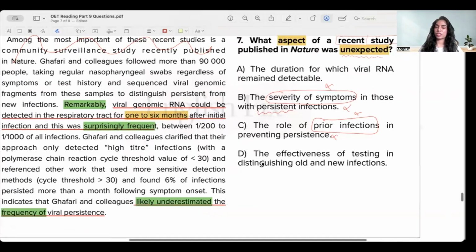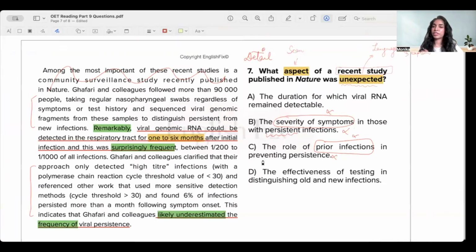What I wanted to understand here, specifically for answer options B and C, is that many students are going to choose B and C as the right answer. Why? Because they're going to read from here, or they're going to read from here. And somewhere in these areas, I'm sure severity of symptoms and prior infections are being discussed.